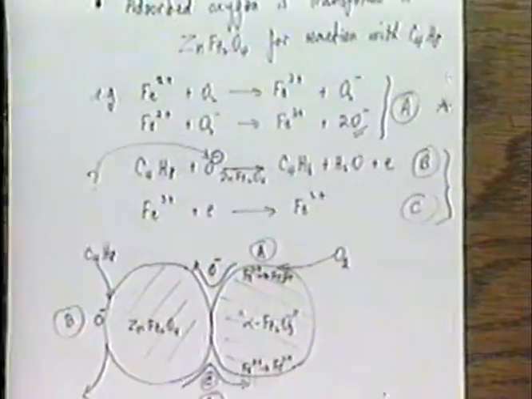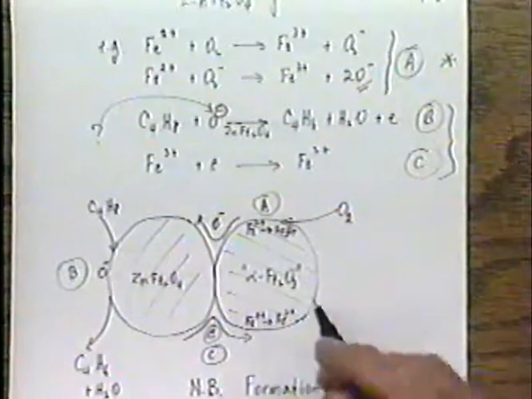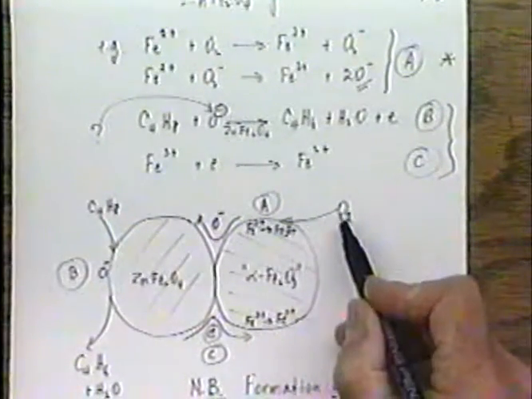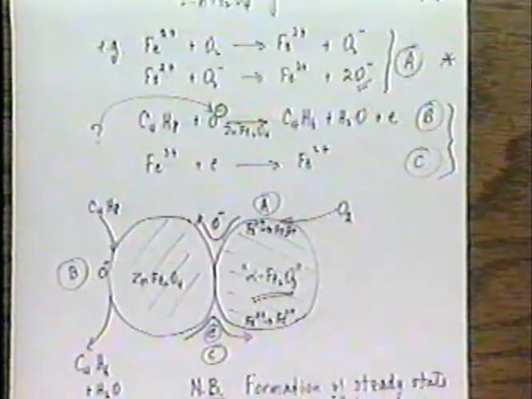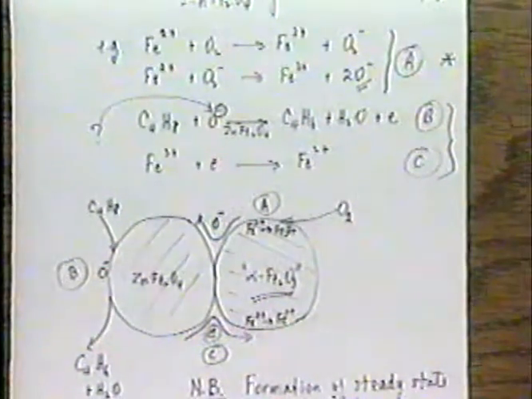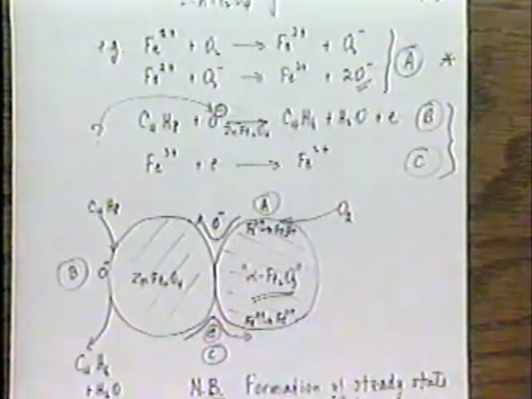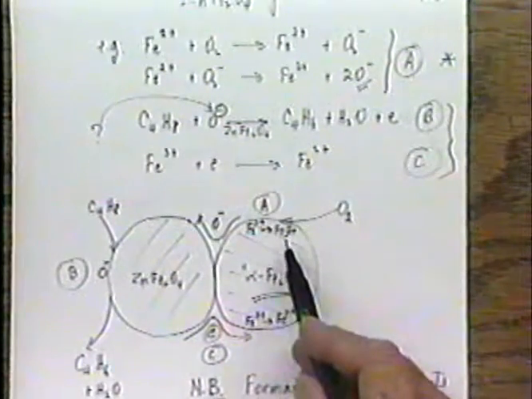And the scheme then looks like this, as if you consider the two particles in contact, in which the oxygen's adsorbed on one site, the Fe2O3 site, or the Fe2+ site. In the process of adsorption, it converts Fe2+ to Fe3+.